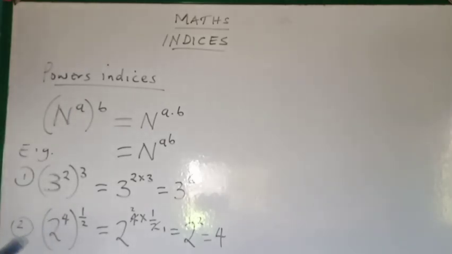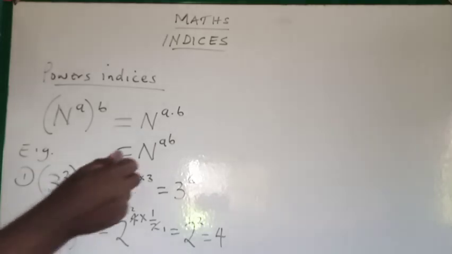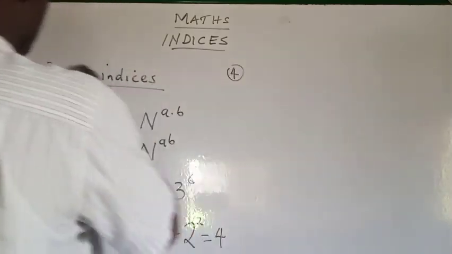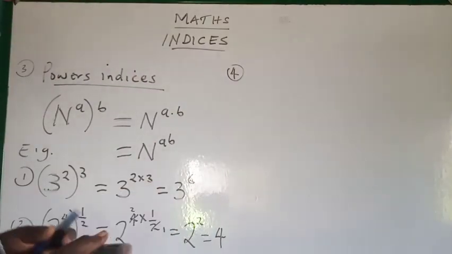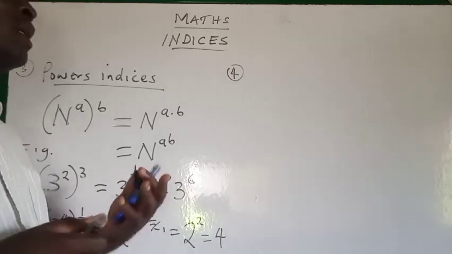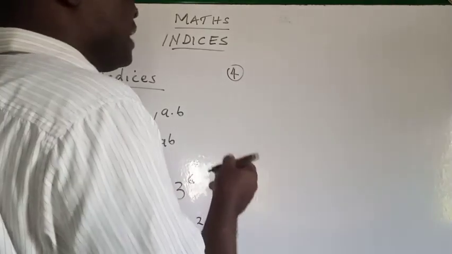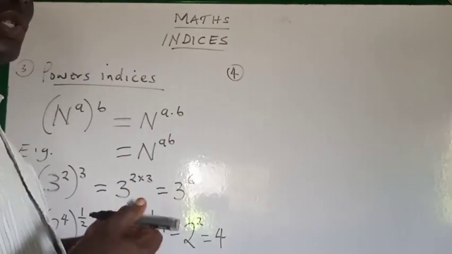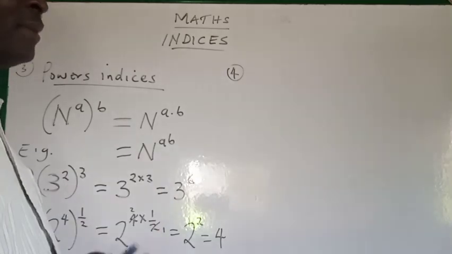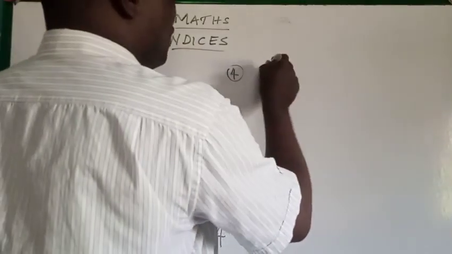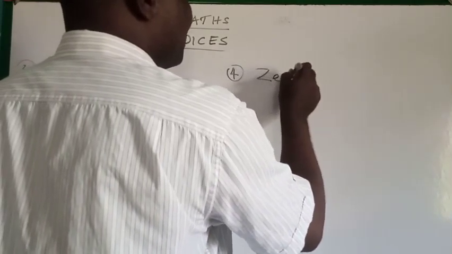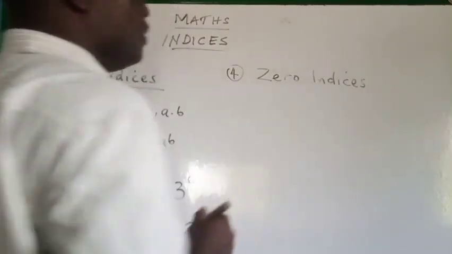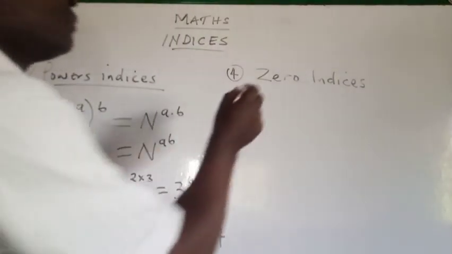Then the next law we are going to treat today, let's call it law 4, since we have treated three laws before, says that any number that is raised to 0 is equal to 1. We call that one the law of zero indices.